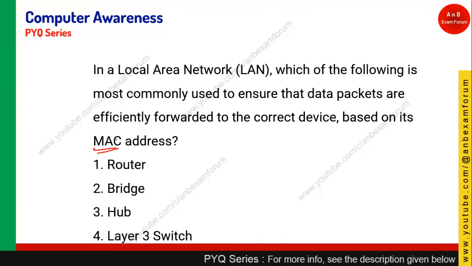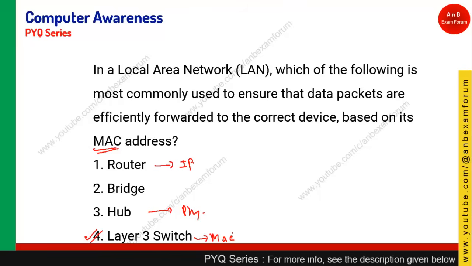Hubs are generally used at the physical layer, whereas a router works at the networking layer where IP address is used. What about the layer 3 switch? It uses the MAC address for transferring the data. So layer 3 switch is the right answer.